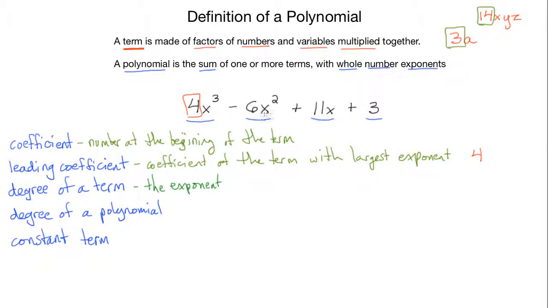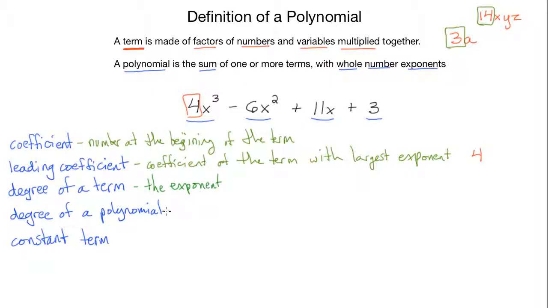The degree of the second term here would be 2. The degree of this term, the 11x, 11 times x, would be a first degree. I would assume there's the x to the first power. We just don't write the 1. And the last term is what we call a constant term. We're getting into that soon. So a degree of a term, we're just looking at, well, what is the exponent? That tells you the degree.